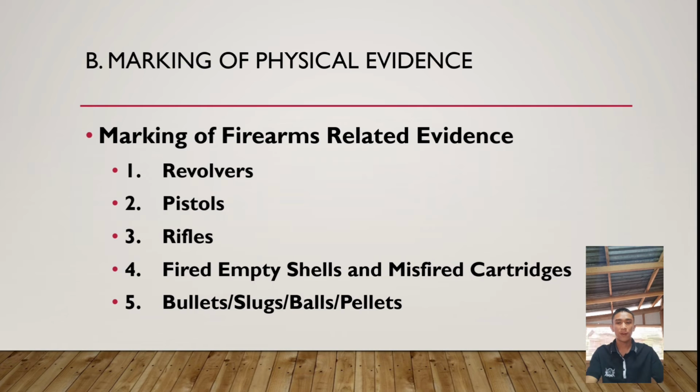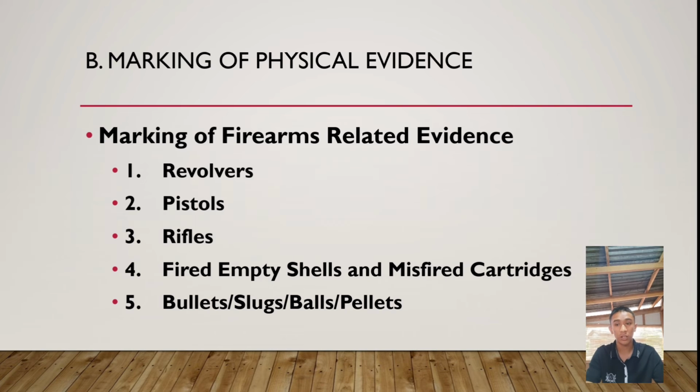So, marking of firearms related evidence. These are the five samples of it. First is revolver. It must be marked separately on the barrel, frame, butt, cylinder, and stock. Tape should also be put around the bore and the firearm of the gun with the signature of the investigator.